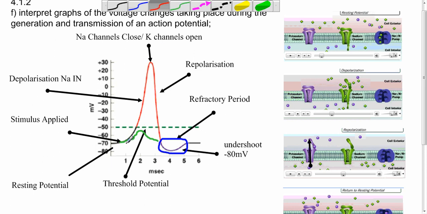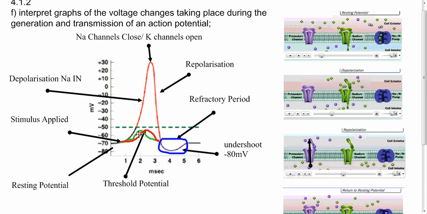And that may happen again next time. I'll just do this one in red. So here's the next one, and it goes up, up, up, doesn't reach threshold potential, so then it just falls back down to resting potential again. So these are not full action potentials as we've seen here with this original red line.